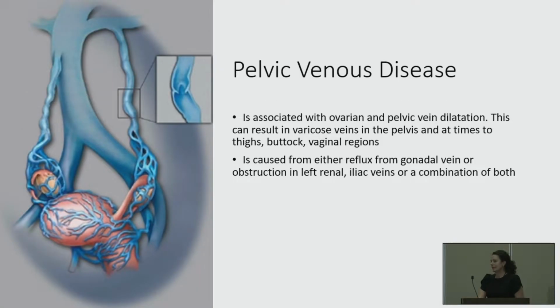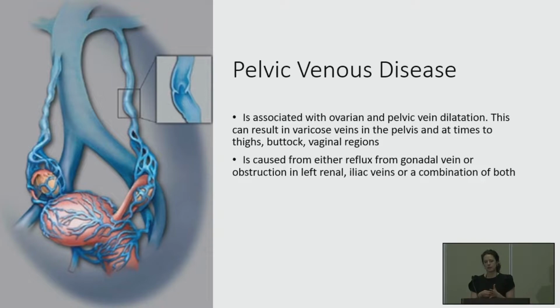So what is it? What's happening inside these veins that is causing this chronic pain in women, or in patients in general? Knowing the background, these are veins that start to form around the uterus and ovaries that are causing a lot of pain.